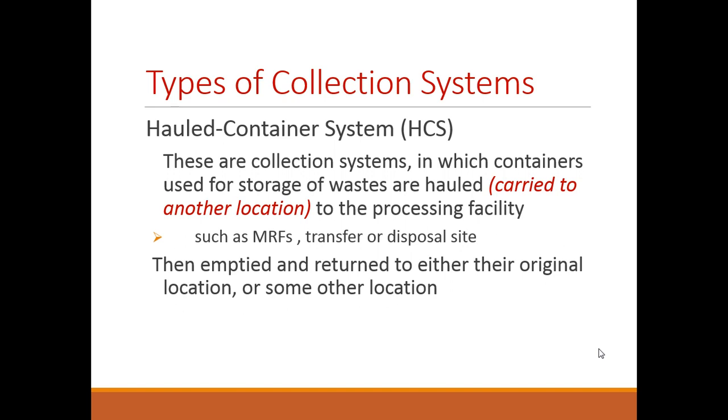It may be a transfer station, which would be like an intermediate storage point between the source of generation and the final disposal point, or it may be the final disposal site, such as a landfill. So again, the containers are collected and hauled to another location. They are then emptied and returned either to their original location or some other location.